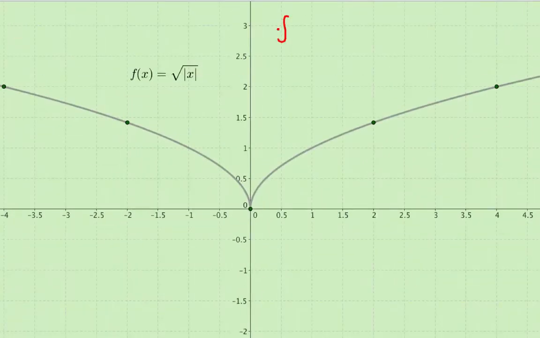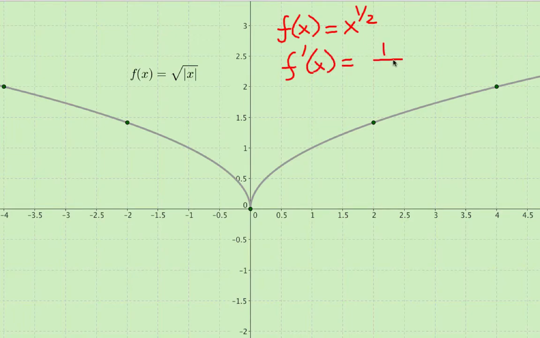We just derived this result for the function f of x equals x to the power half, that f prime of x was 1 over 2x to the power half. Now, here is a plot of f of x. So this is f of x. Now notice that as x becomes smaller and smaller, the derivative over here, f prime of x, is getting larger and larger.